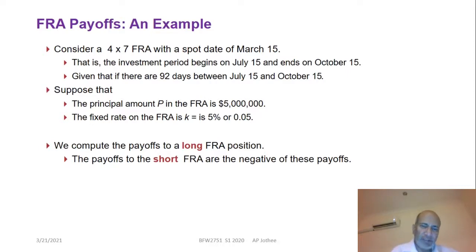For a long FRA position, you pay K, that fixed rate, and receive the floating rate or the settlement rate. The payoff to a short FRA is the negative of the long FRA.